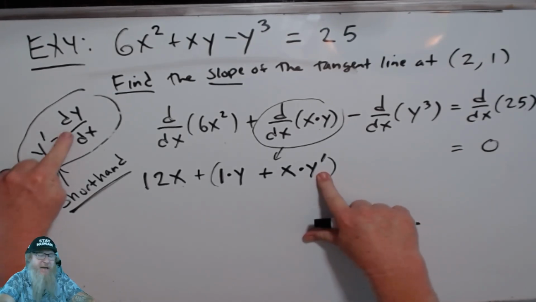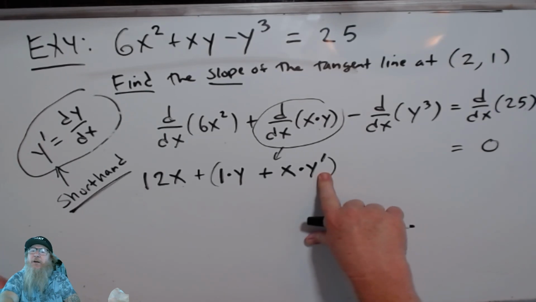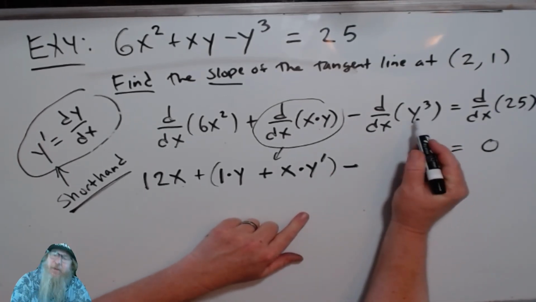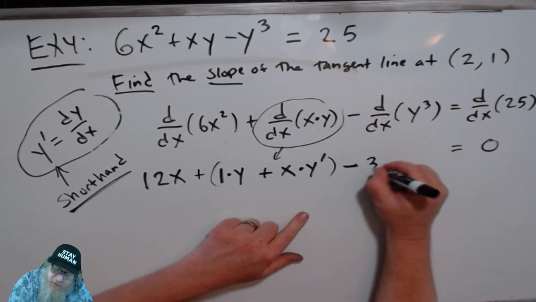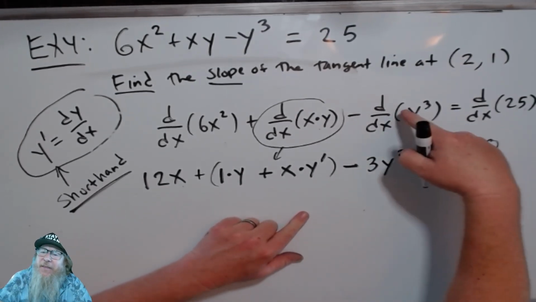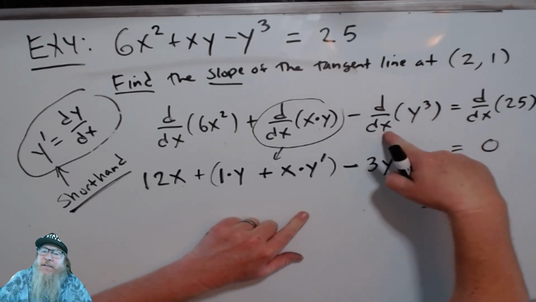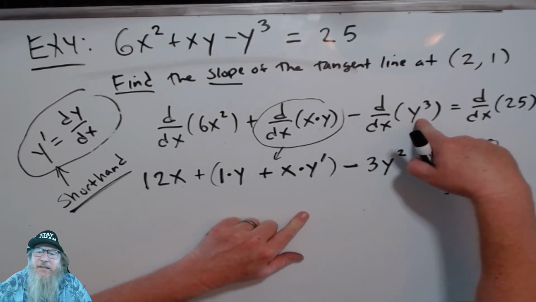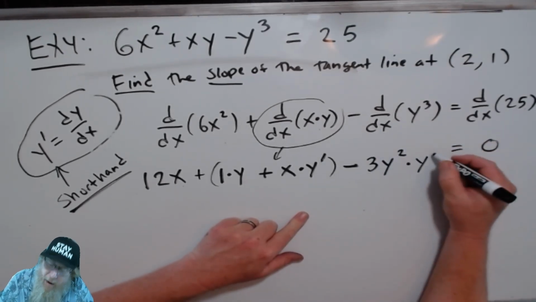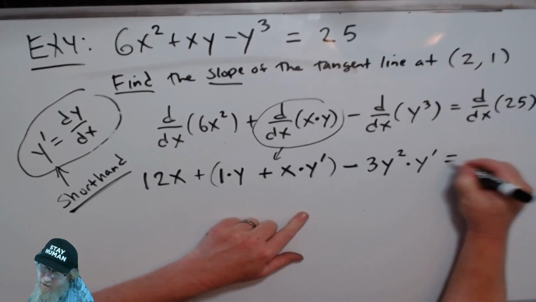All right, you could write dy/dx, but so much quicker to just write y prime. Minus the derivative of y cubed, which is 3y squared. But again, the chain rule, right? This is a derivative with respect to x, but this is not an x. This is a y. So that's y prime. And then it all equals 0.